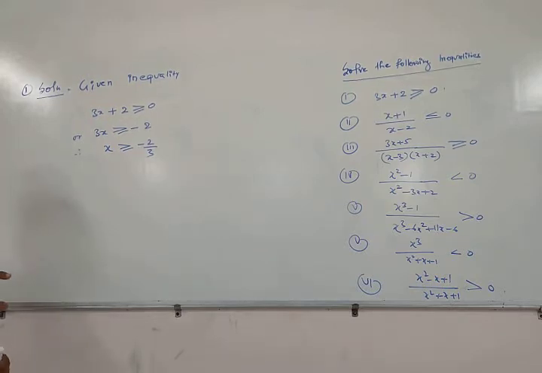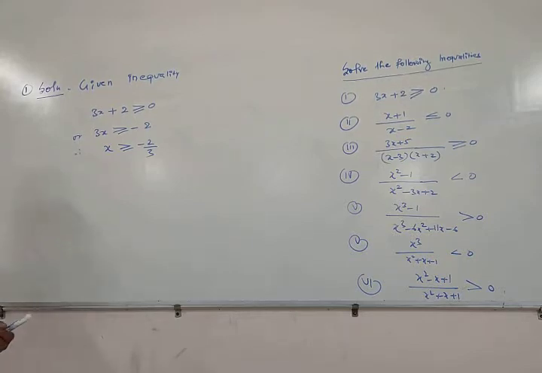If we add or subtract some terms on both sides of the inequality, the inequality does not change. If we multiply by any positive number on both sides, then the inequality does not change also. But if we multiply or divide by a negative number, then the inequality must be changed.